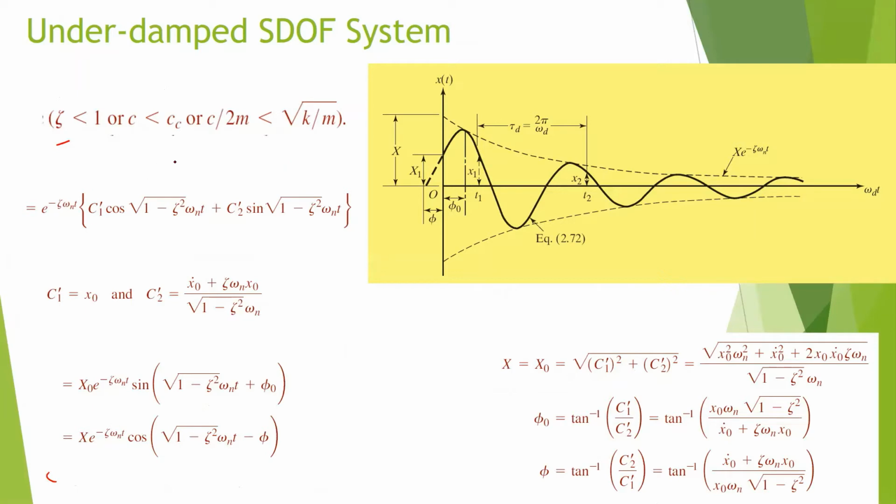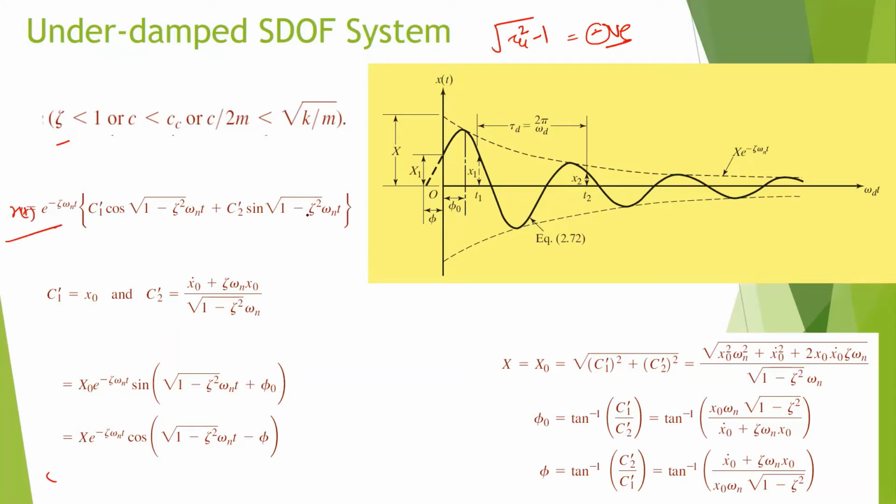In this case, the square root of zeta squared minus 1, where zeta is less than 1, will be a negative term, right? If we put this condition in the solution, then the solution becomes this form.